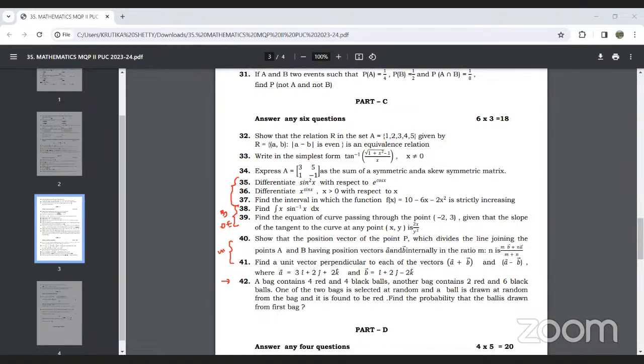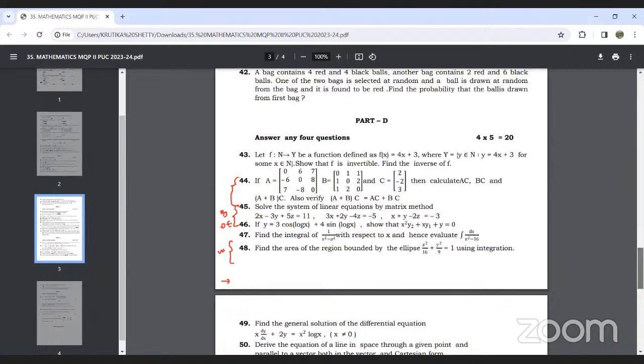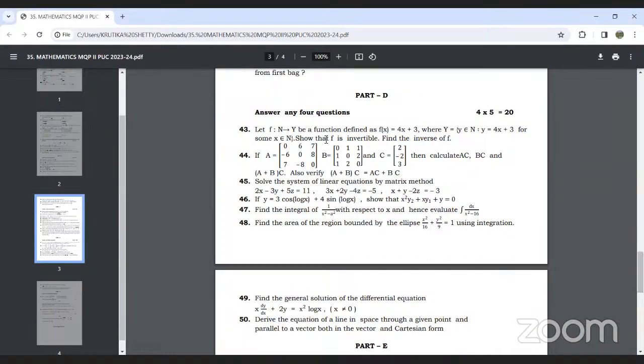Next, in part D, the first question we have is from relation and function, and this question we have covered. Next, the 44th also we have covered. So one question from matrices and one question from determinants is occurring here.